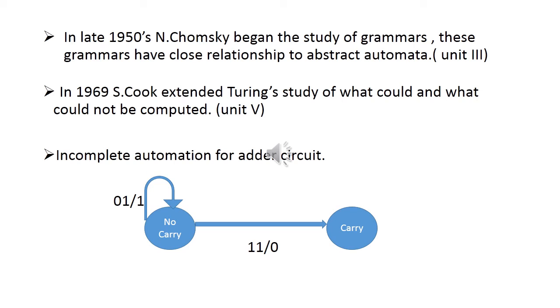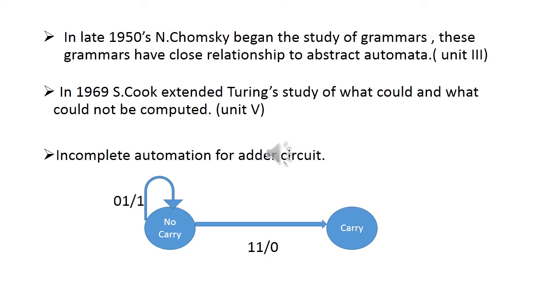The sum I have shown after the slash, that is the output, and to distinguish between carry and no carry, we have drawn two states, a carry state and a no carry state. For example, if your inputs are 0 1, then your sum is 1, and in this case carry is not generated.